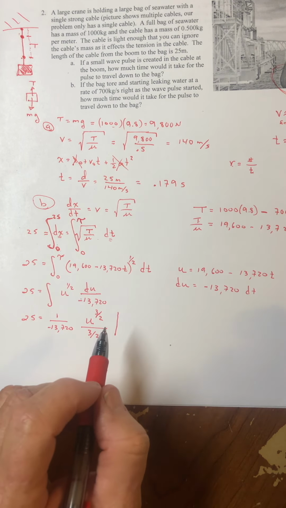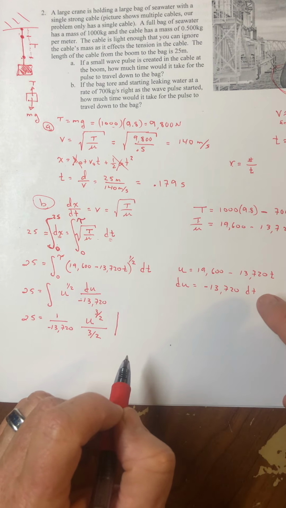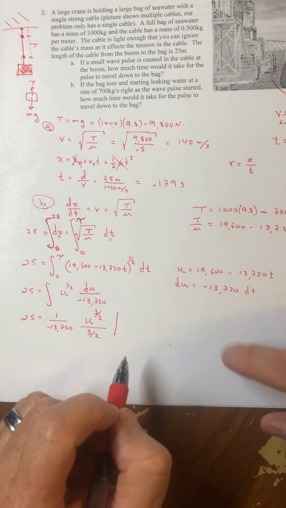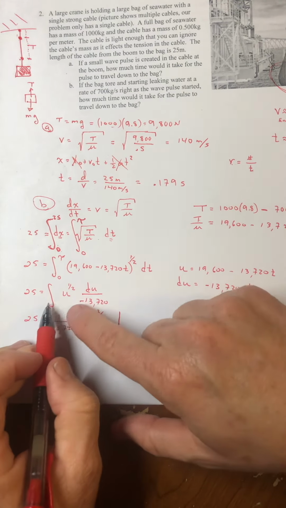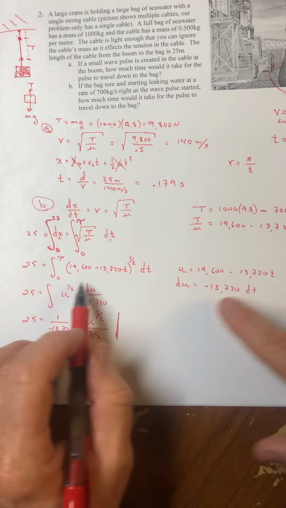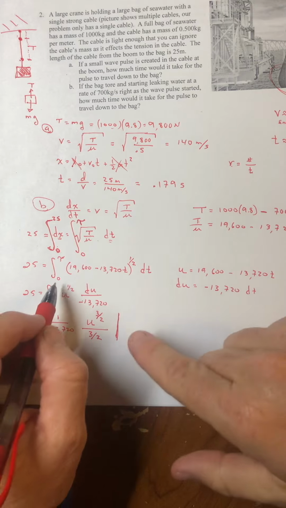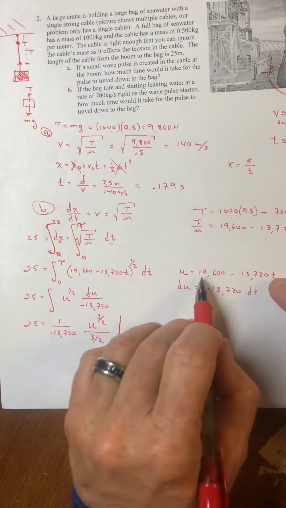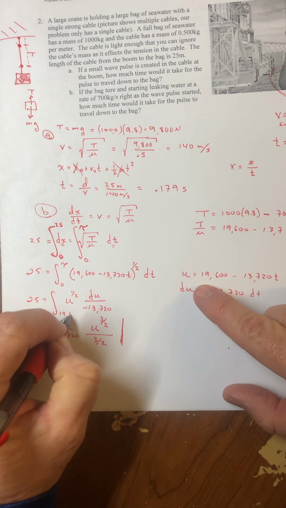And my limits I can put in here. I guess I didn't put them on this integral. So when I change to a u, maybe I should put the limits of my u. When time is equal to 0, if I put that into here, this would be 19,600.